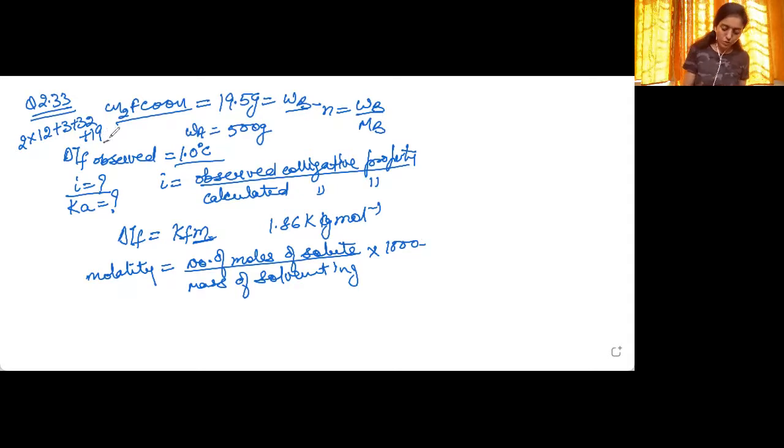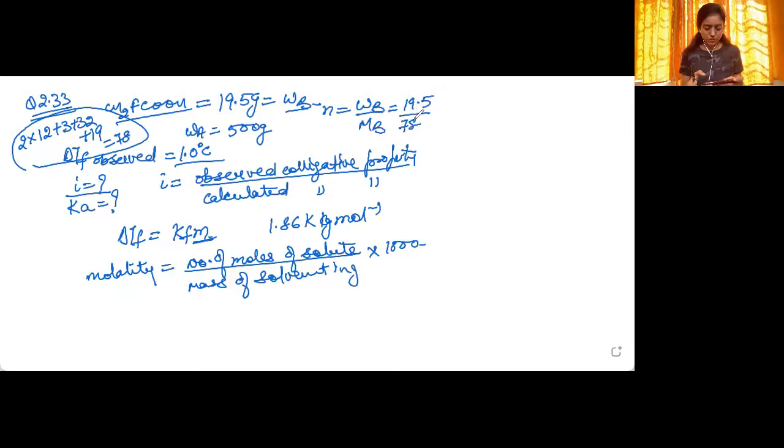It is coming out to be equal to 78. You can just put the values here. I'm showing it in this way, but you can write it in a proper, clean way. Do not write it like this. From the next time, I will also try to write it in a clean way. Okay, 19.5 upon 78. So it is equal to 0.25.